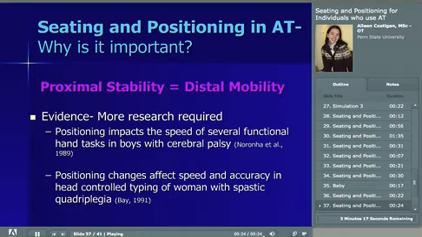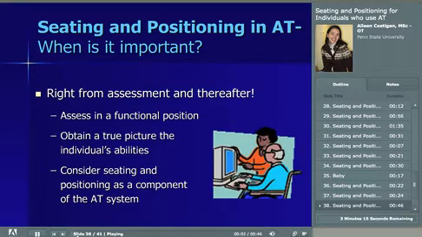So when is seating and positioning important in assistive technology? It should be considered from the very beginning of assistive technology assessment, since it enables motor skills which are essential to its use, whether the individual drives a power chair with hand movements or whether the individual uses an alphabet board with eye gaze.